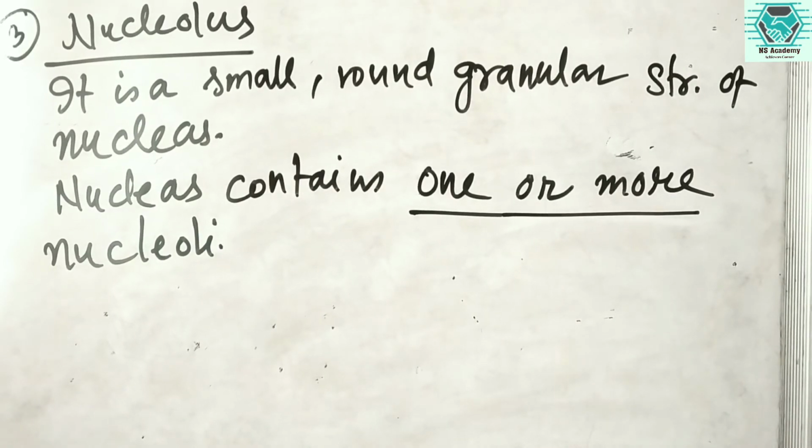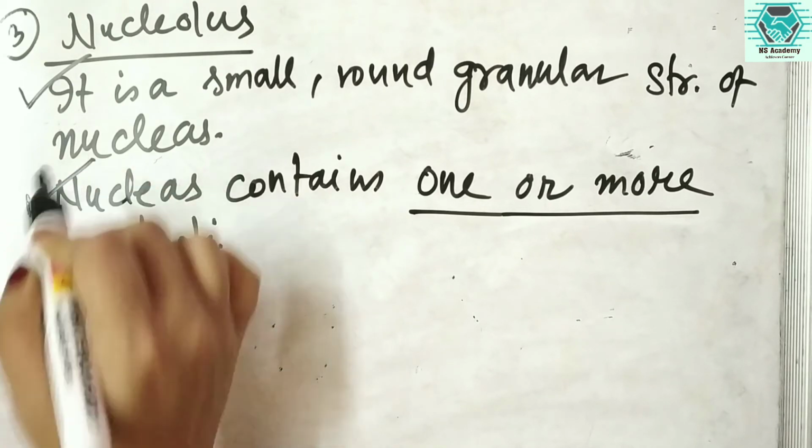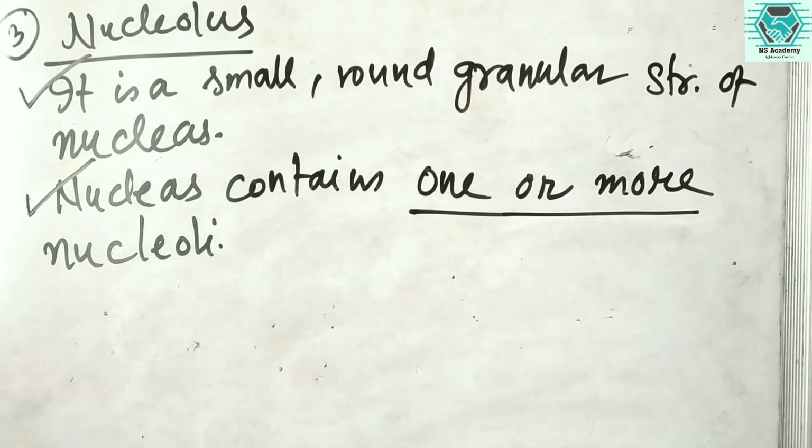The third portion of the nucleus is the nucleolus. Nucleolus is a very small and round granular structure of nucleus, and sometimes the nucleus contains more than one nucleolus. Generally the nucleus has one nucleolus, but sometimes more than one nucleoli are present in the cell.